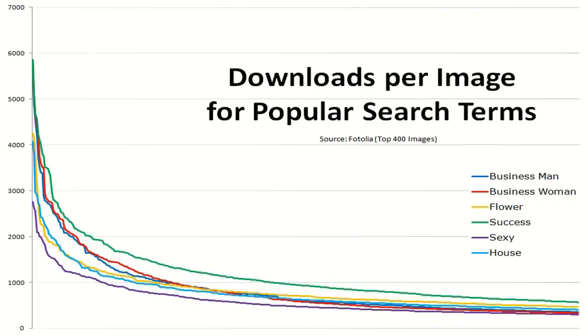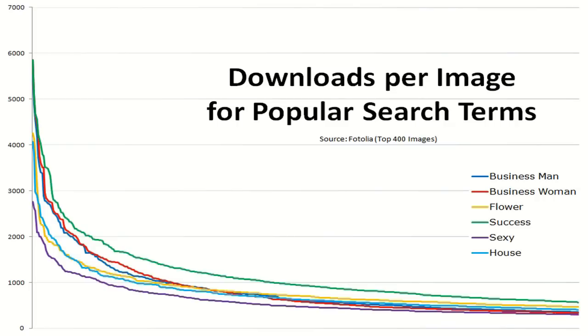You'll also see this in downloads per image for popular search terms. So we have here the top six of the more common searches. These are search terms sourced from one of my image search add-ons.